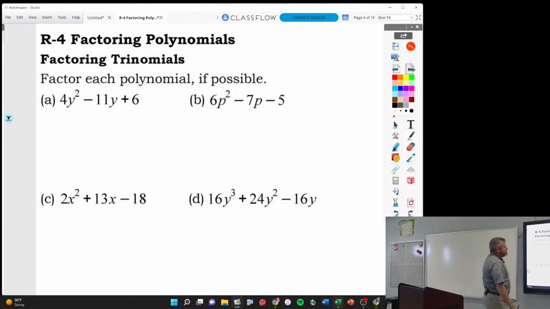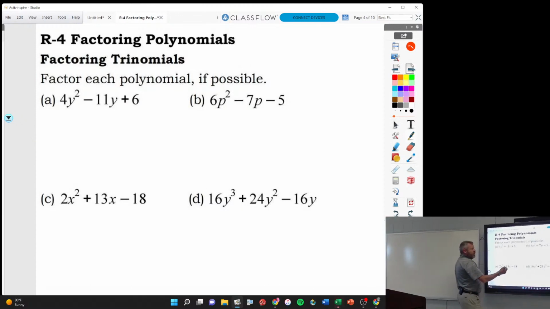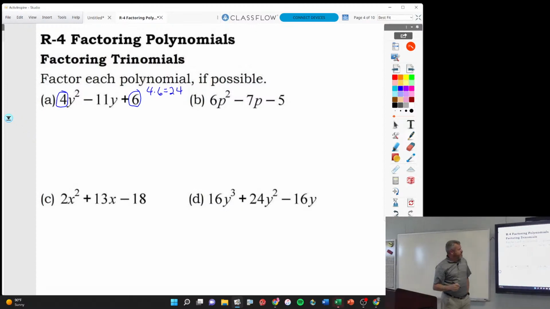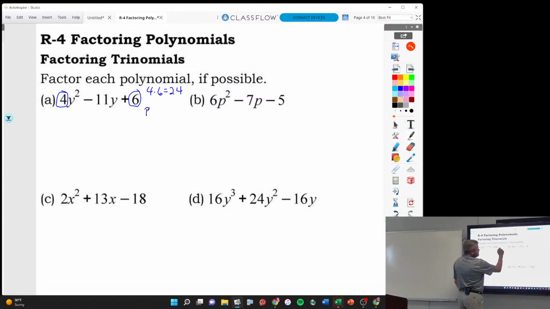All right, so since nothing goes into all three of them, what I want to do is look at the first coefficient and the last, my constant. 4 times 6. Well, 4 times 6 is 24. I need to find two numbers that have a product.